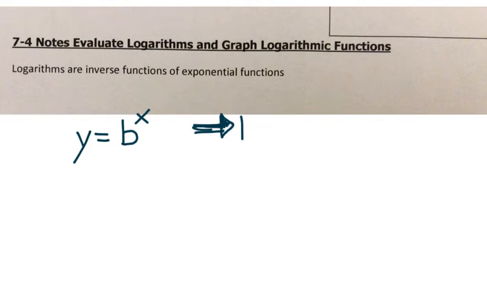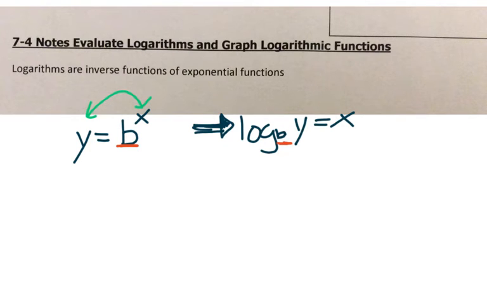First we write the word log. The base of our exponent becomes the base of our log, so this will be log base b. And then we switch the next two. So instead of b to the x, this will be log base b of y equals x.